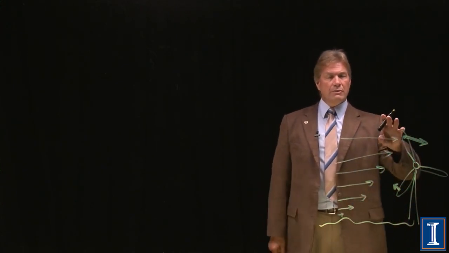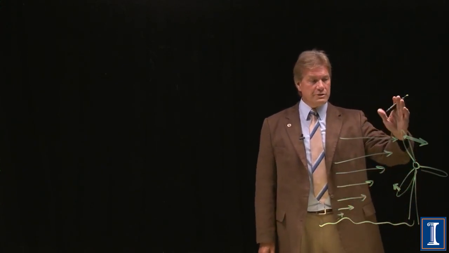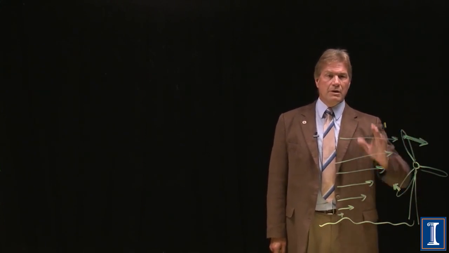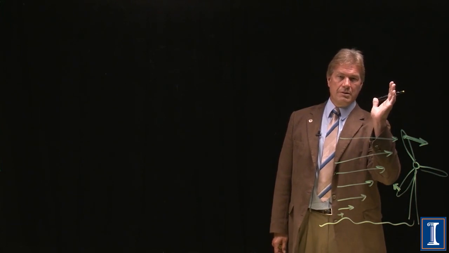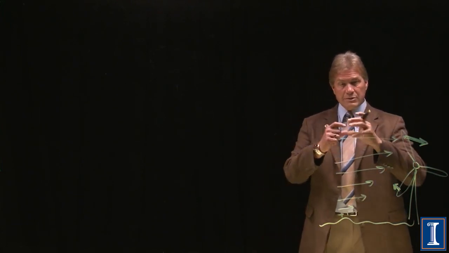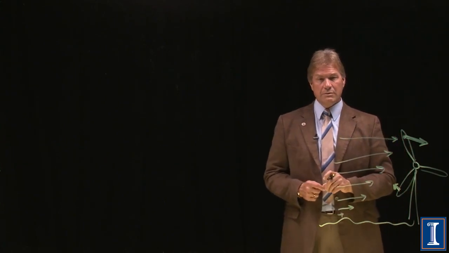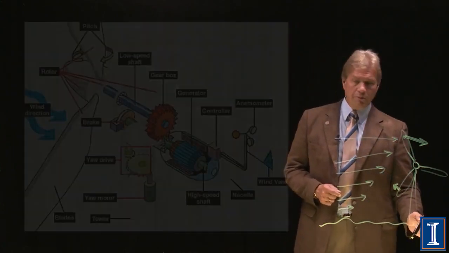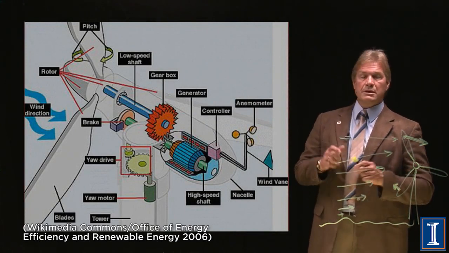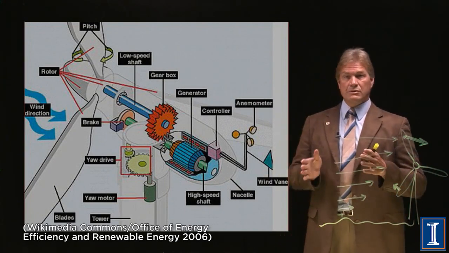Having your windmill put higher forces on the top of it all the time and lower forces on the bottom provides a torque. And that torque will cause problems in the gears that are turning inside the windmill. So let's take a look at what's inside a windmill. One of the keys is that you always want the windmill facing into the wind.